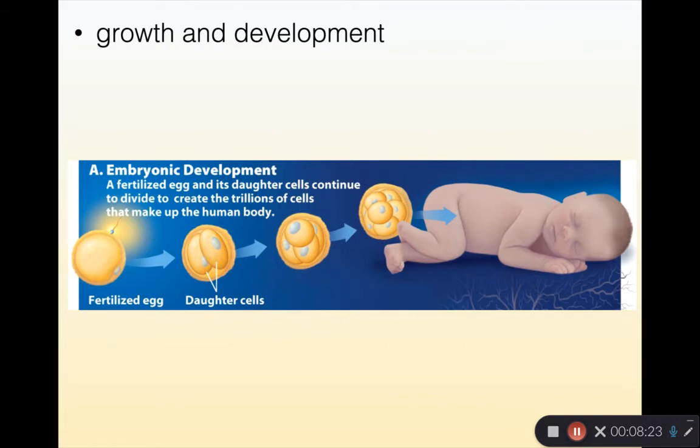The very first one is embryonic development. Once we have a fertilized egg, you start to create daughter cells, and these cells accumulate and then divide into the trillions of different cells that make up the human body.